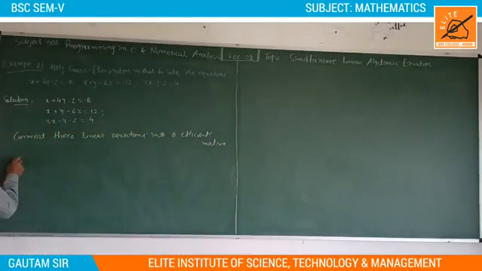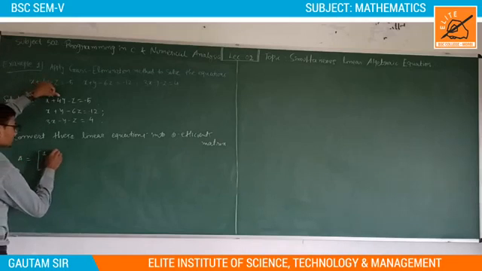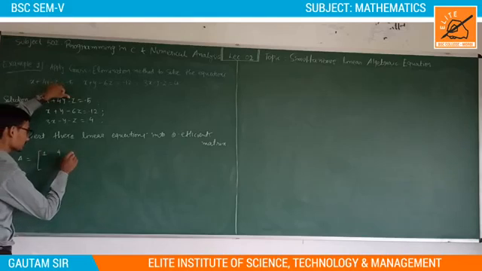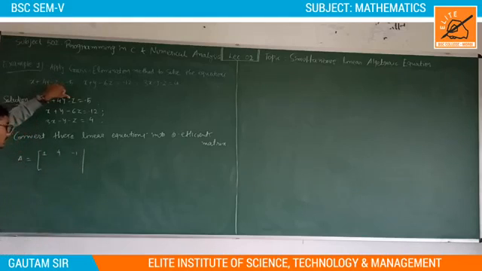Call it matrix A. The coefficient of x is 1, the coefficient of y is 4, the coefficient of z is minus 1, and so directly I can write A augmented with B. Matrix A, then matrix B. What is matrix B?